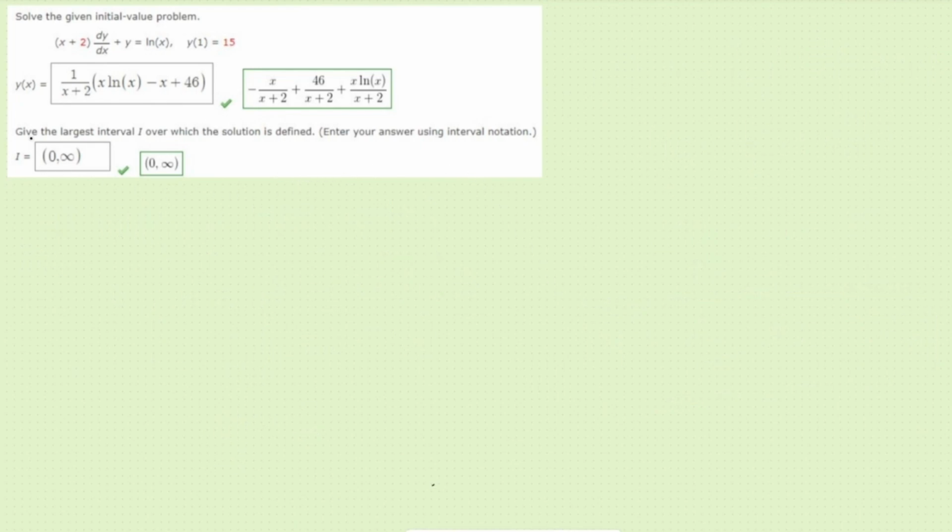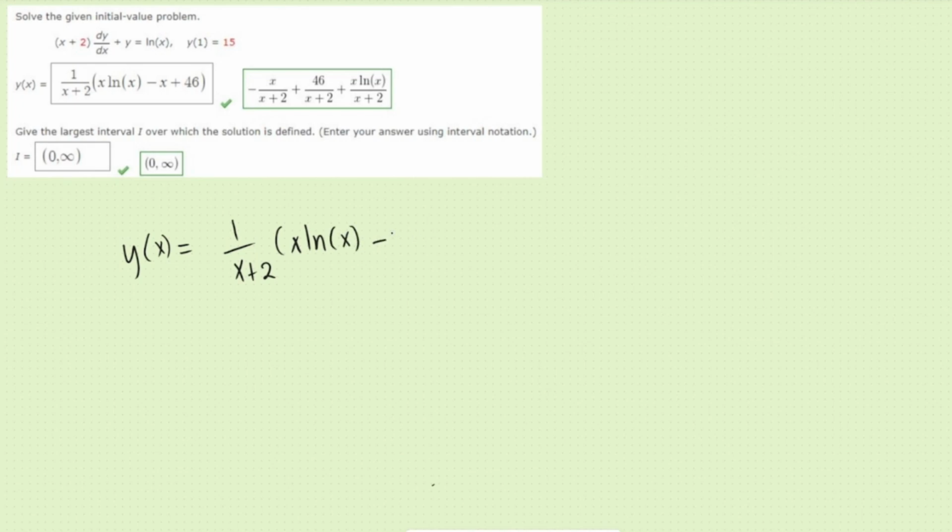So the question is, give the largest interval I over which the solution is defined. So obviously, we're just going to look for the interval which makes our solution defined.